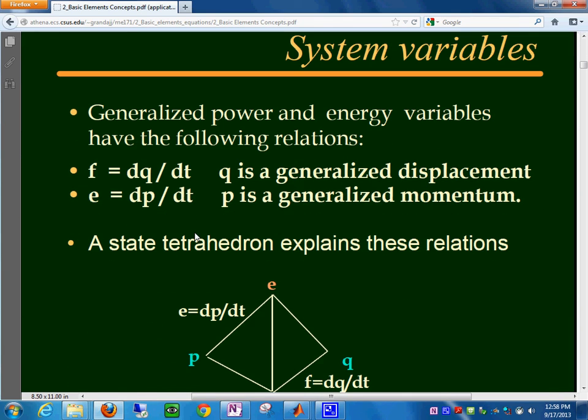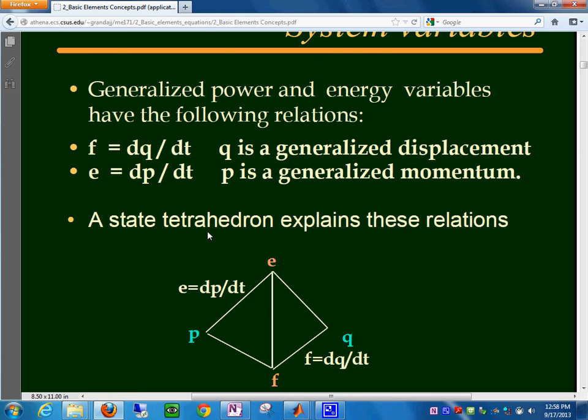Now, we have to realize that there are relationships between the variables that we are just proposing. We have this tetrahedron of state. Some people call it Painter's tetrahedron of state.